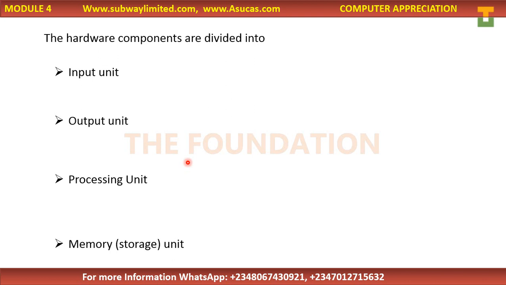We want to take a closer look at the hardware components of a computer, and we are telling you that the hardware components of the computer system are divided into input unit.